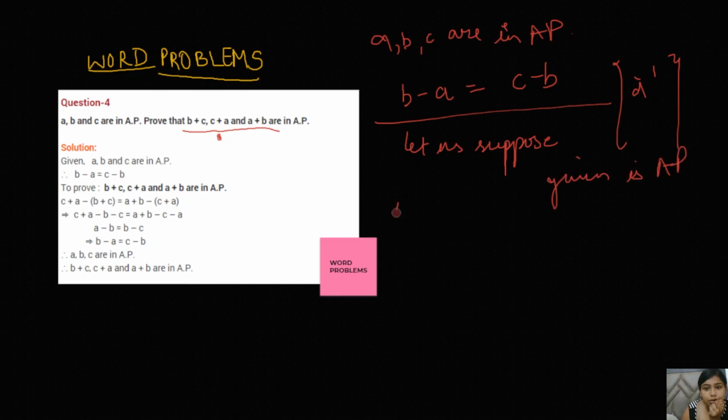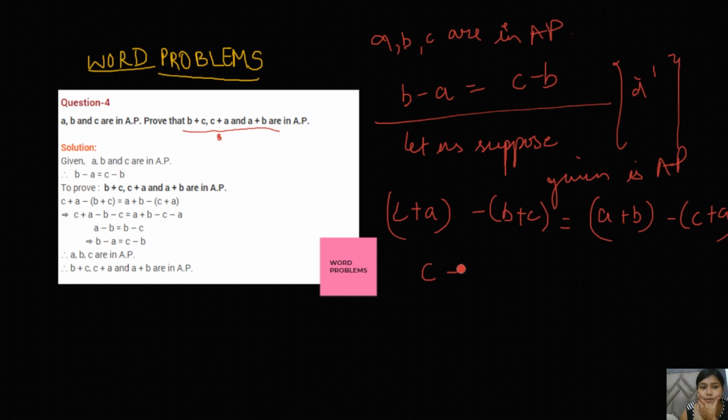So we'll be getting C plus A minus B plus C equals A plus B minus C plus A. Just open these things and you will be getting it like this. Just cancel out whatever gets cancelled. You will be getting A minus B equals B minus C, and we have to prove this.